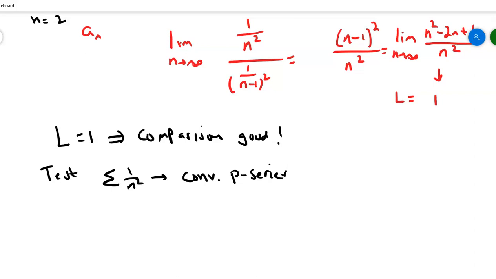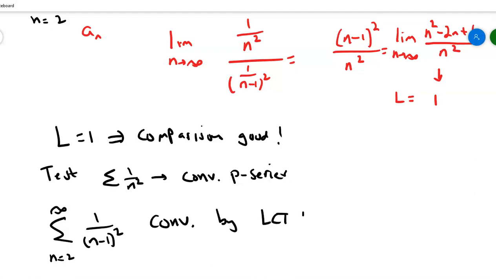Compare it to a geometric series, compare it to a p-series, compare it to something that's easy. If you start comparing these to something that's as complicated or more complicated than the original question, then this comparison test doesn't help. So here's my conclusion: the series of 1 over n minus 1 squared from n equals 2 to infinity converges by the limit comparison test and the p-series test.